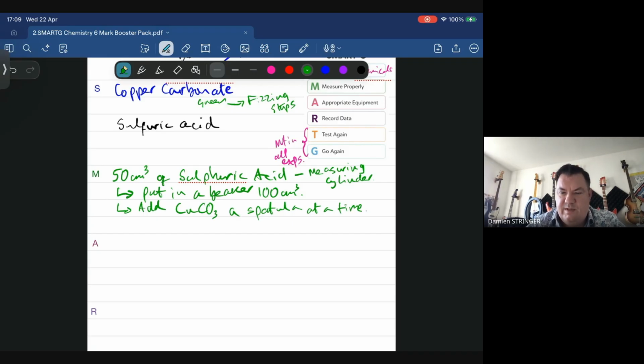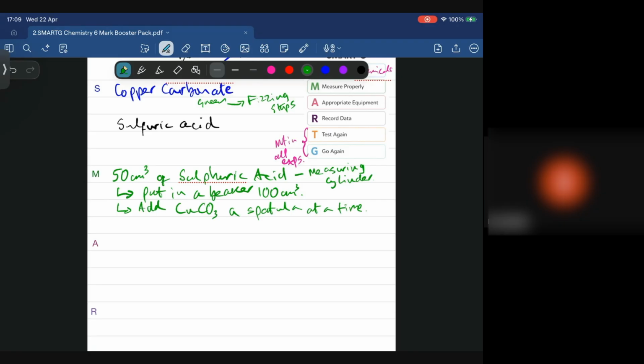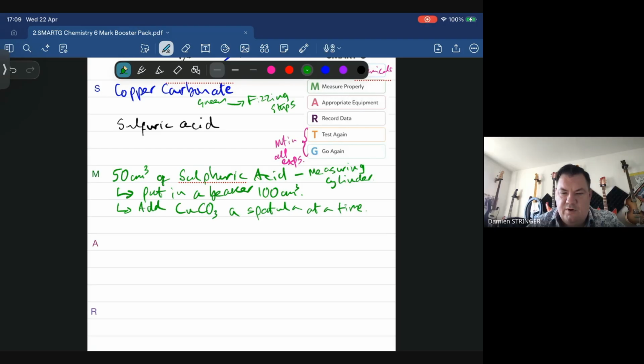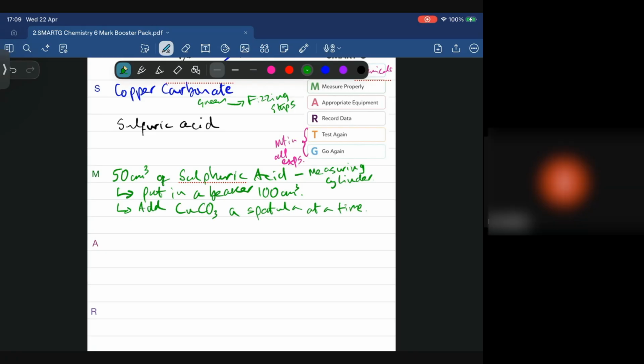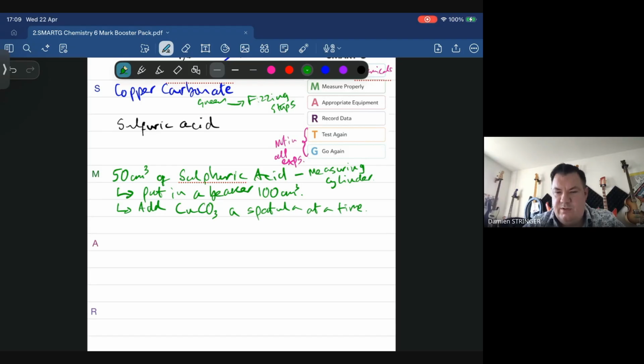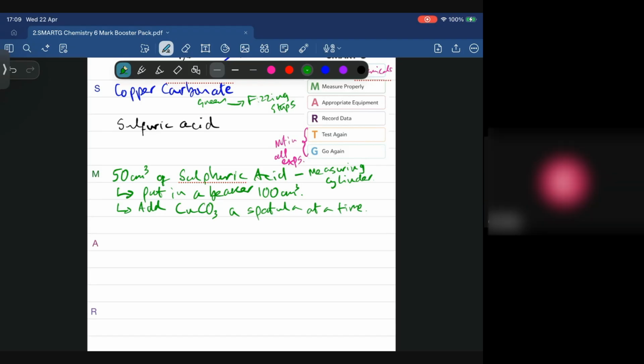Louis, how would we know when to stop? Is it when it gets to 50 centimeters cubed on the measuring cylinder? I'm on about adding the stuff in now. How do we know when to stop adding it? I'm still not sure. Okay, what do you think, Connor? Until it doesn't dissolve anymore.